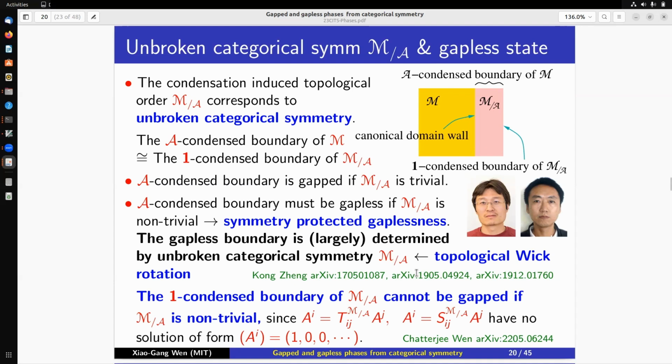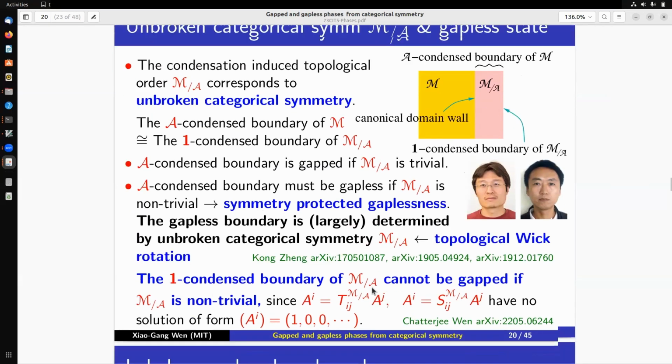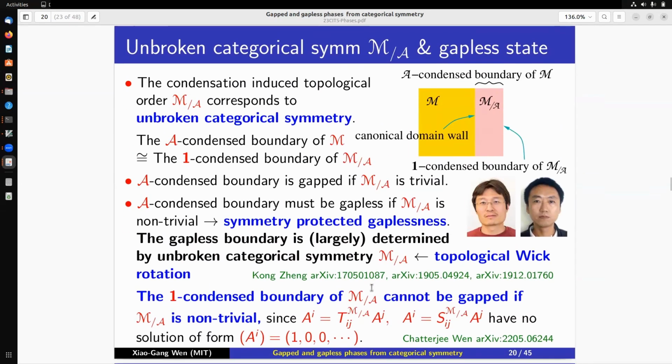Okay, and actually in Liang Kong and Hao Zheng's paper, and some earlier paper, they didn't mention categorical symmetry, but they mentioned this topological Wick rotation. Basically they say you have a topological order and its ground state wave function. Then you just Wick rotate it, make the ground state wave function stick out in the time direction.